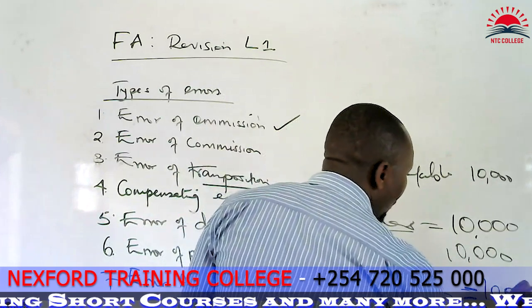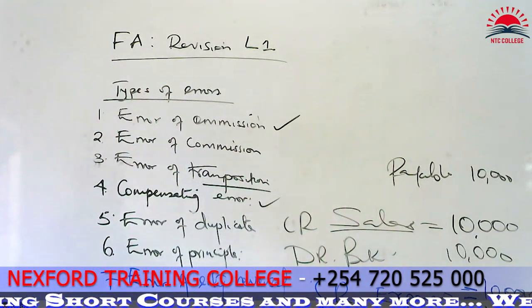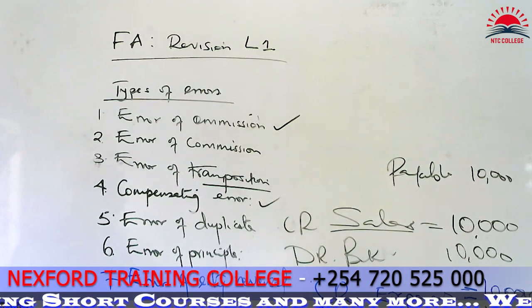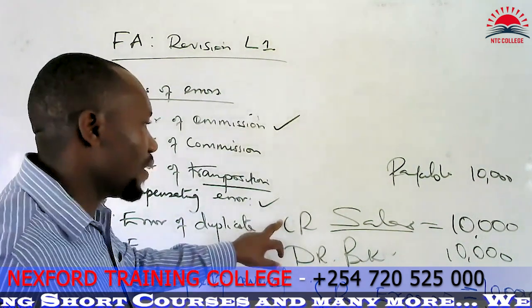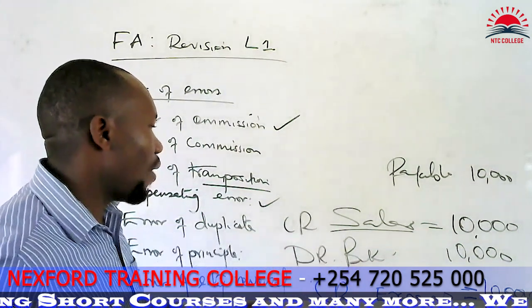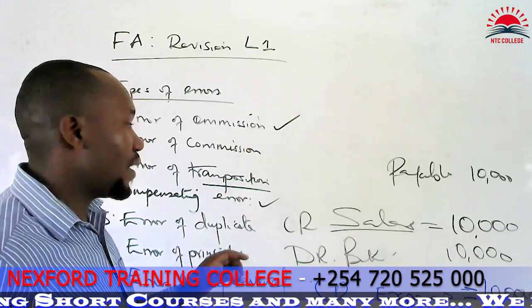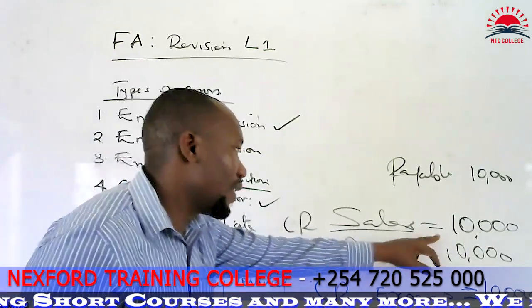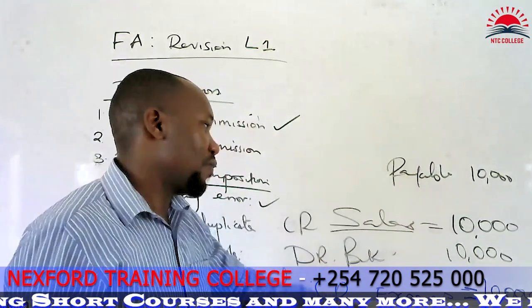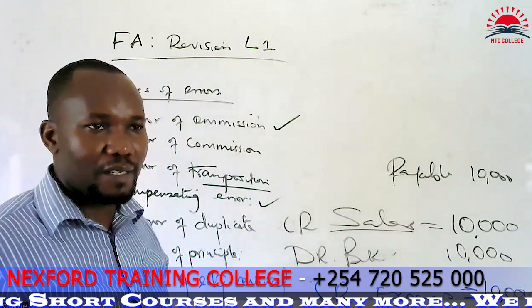But because there is double entry, it will balance. So this is called complete reversal. If you've done only on one side, sales only, ndio iko na error. Hii ingine hauja post, it will be known. Kama ni manual system, unaweza enda kwa sales account, you post sales, and then you forget to post bank. Because when you make sales, pesa inaenda kwa bank.